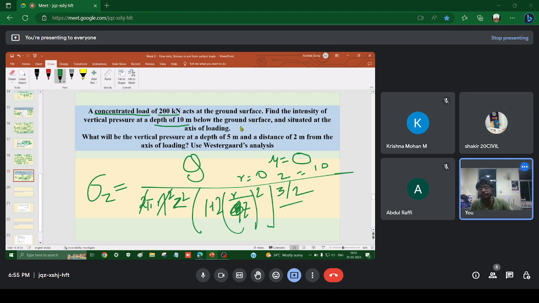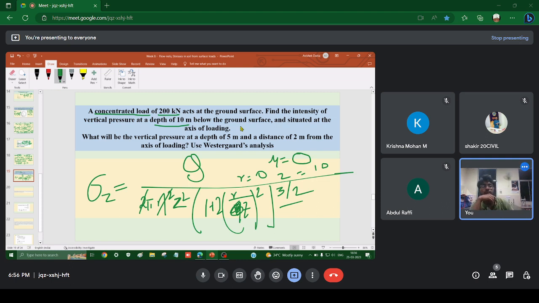In both the cases Q is same. Found the answer? Simple thing, q by pi z square.